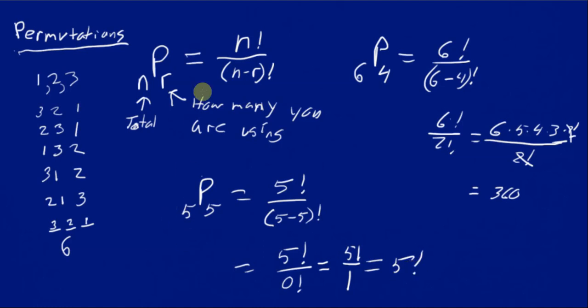So if I'm using the same number of items that I have available, my formula for a linear permutation where I'm using n equal to r is simply going to equal n factorial.